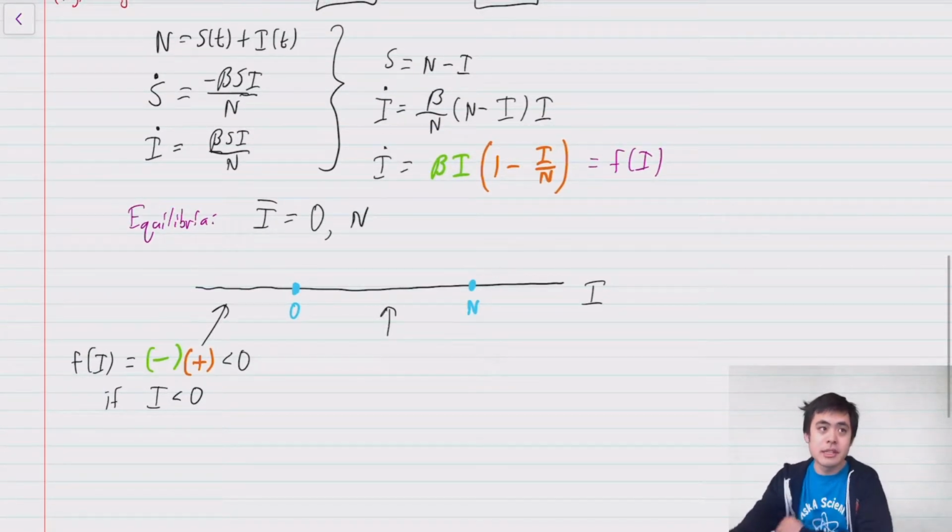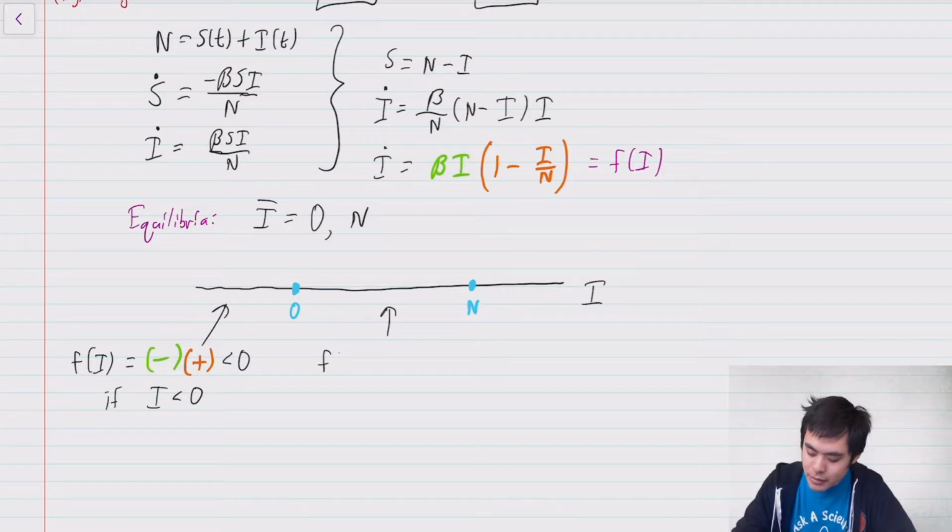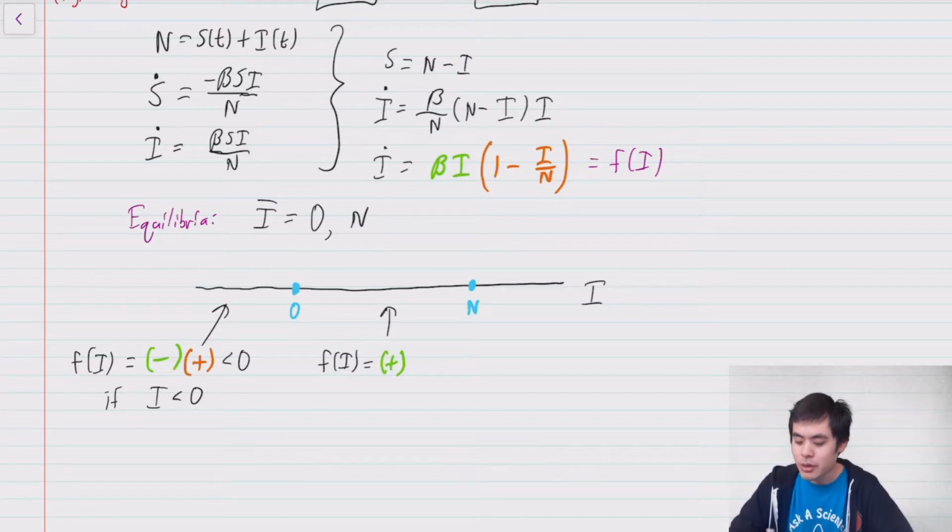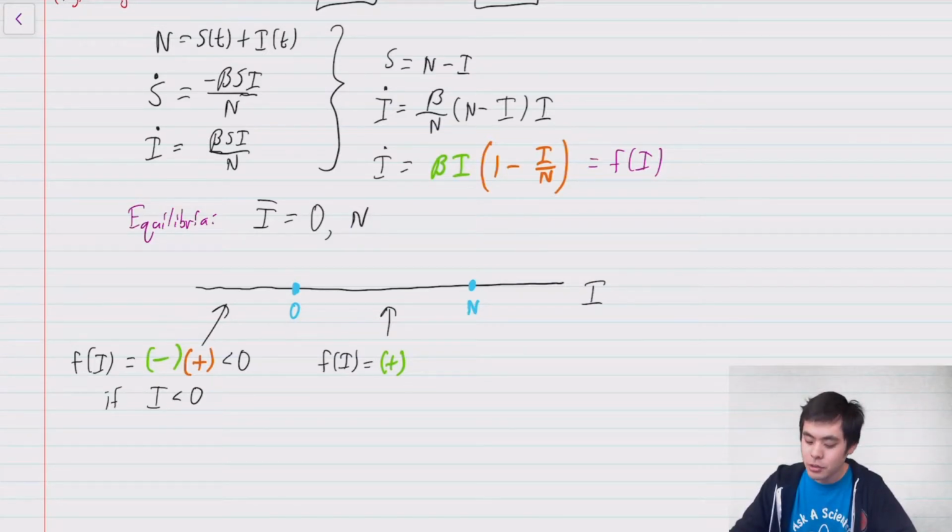Well, let's consider the case in this region. So we have f of I, and I is positive, so beta I is also going to be positive. And for 1 minus I over N, I is between 0 and N, so I over N is less than 1, so 1 minus I over N is still positive.